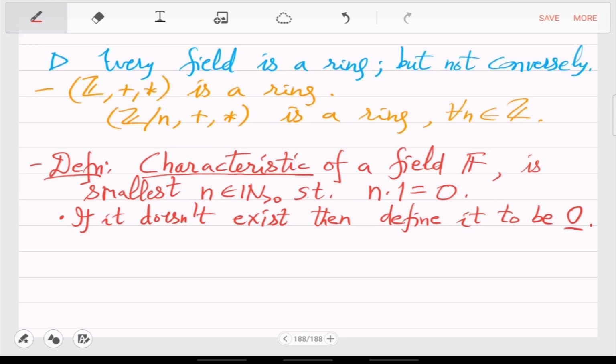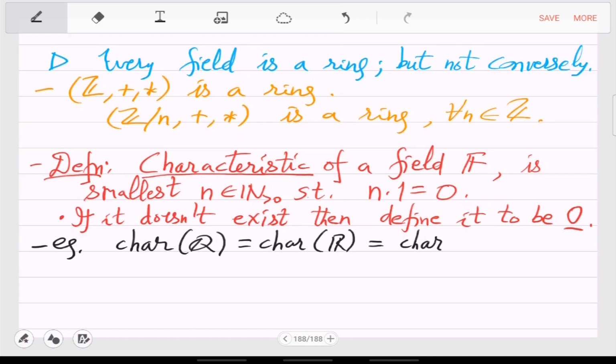So for example, characteristic of reals, so rationals, reals, complex. These are all 0 characteristic fields because there is no smallest positive number equal to 0.